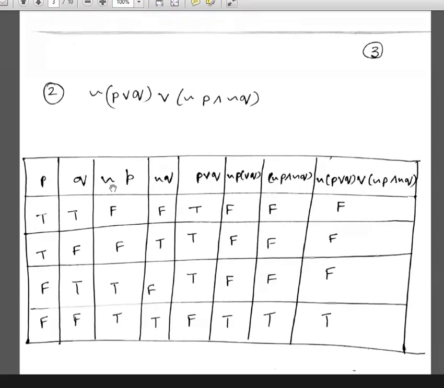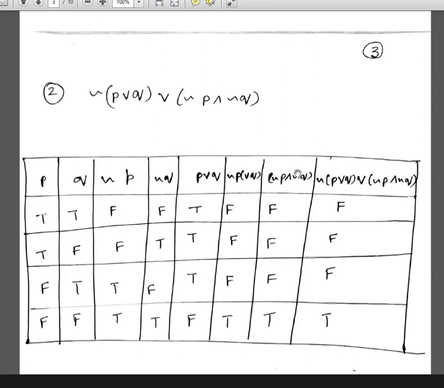First we find negation p, then negation q, then the first value, negation of p or q. So first we find p or q, then its negation. Then the last bracket, negation p and negation q.